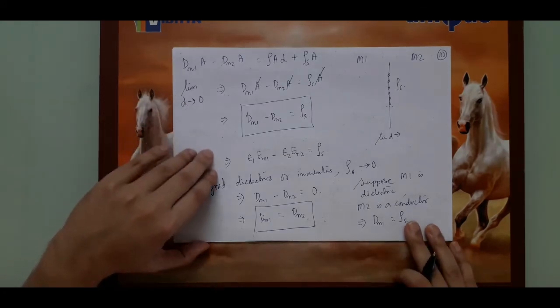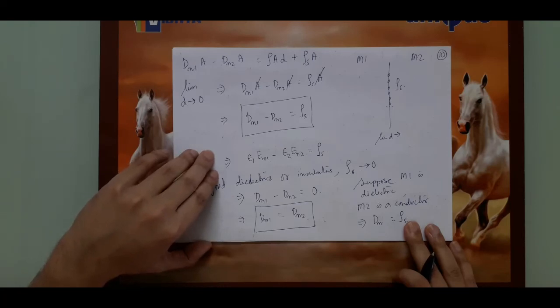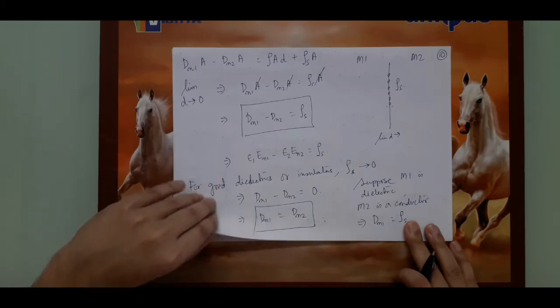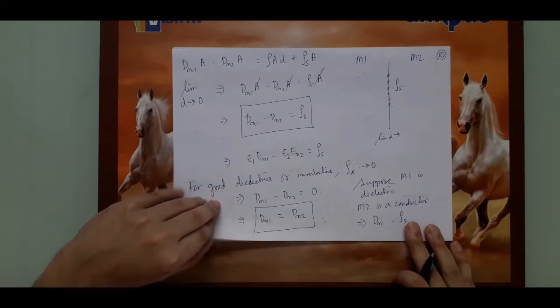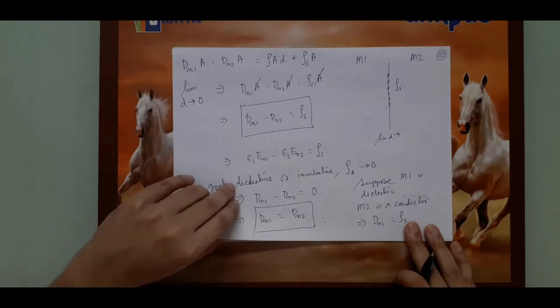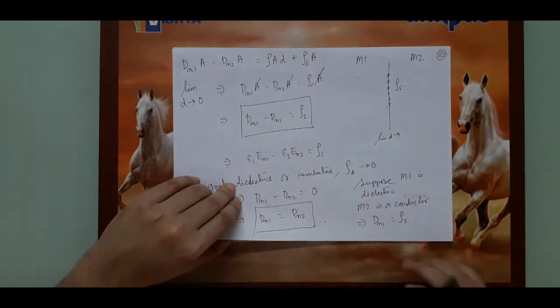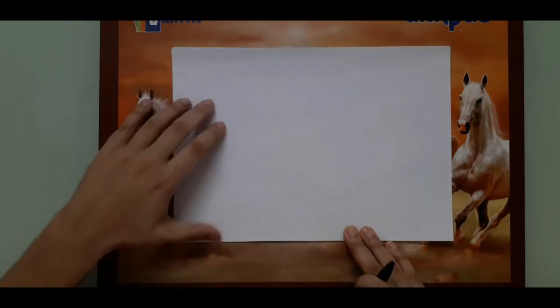So we now need to see what happens for the normal and tangential components of the magnetic field at the boundary. Therefore, let us see that.